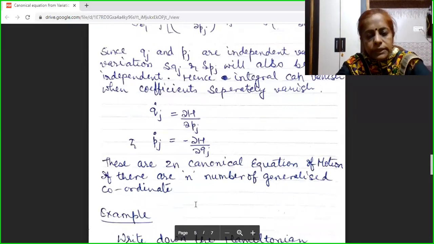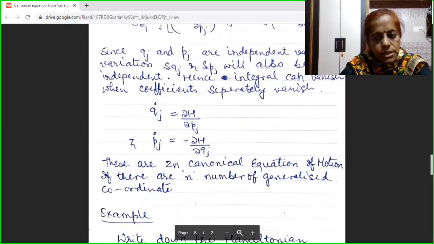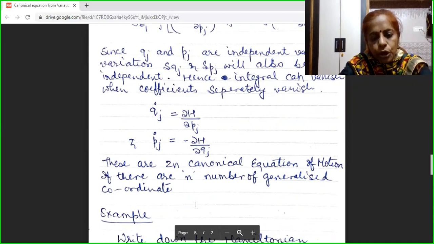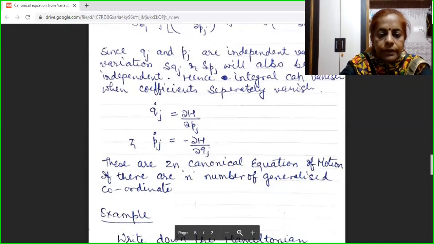These two equations are known as Hamilton's canonical equations of motion. If there are n generalized coordinates, there will be 2n canonical equations of motion. So using the variational principle, we have derived the canonical equations of motion.